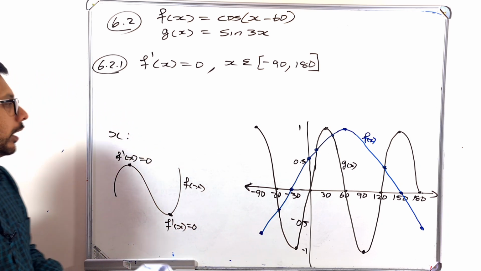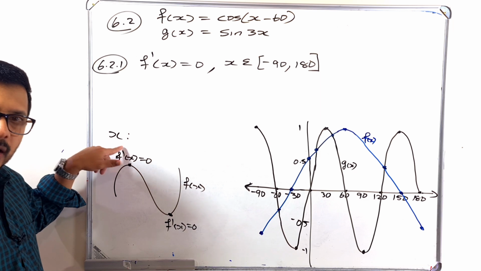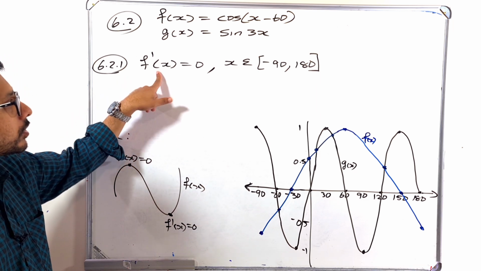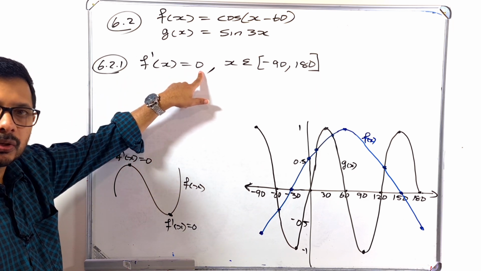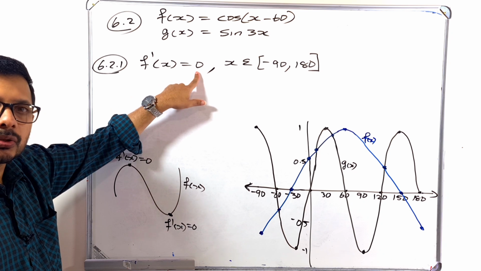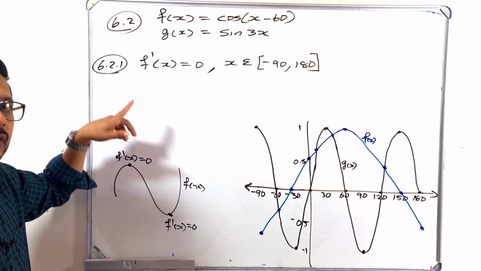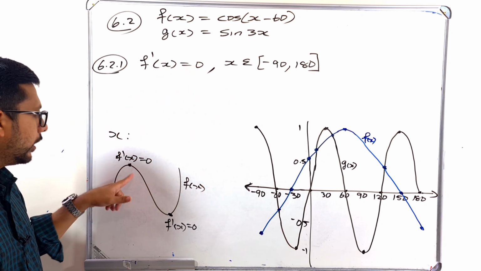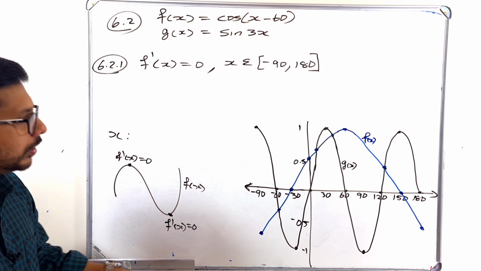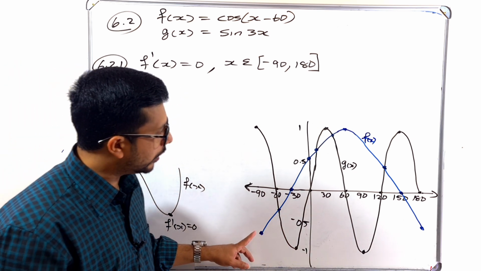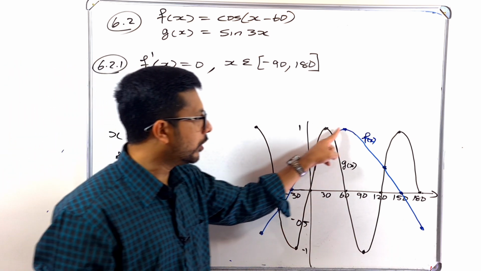So in our question you have to find the values of x where the first derivative is equal to 0. We know that the first derivative is 0 at the turning point. So here you have to find the value of x. Which one is f of x? This blue graph.